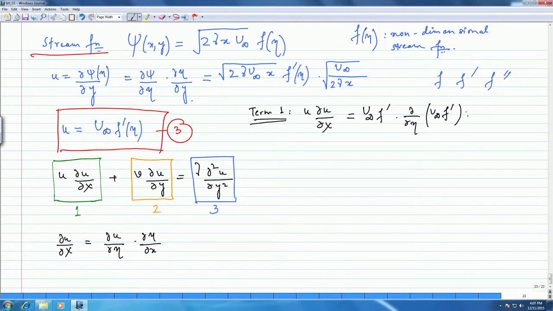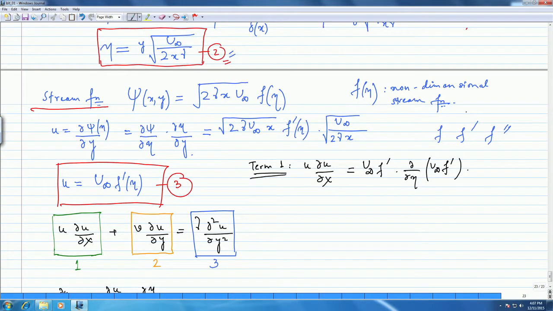Del eta del x, look at the eta value. What will del eta del x be? It is x to the power minus half.